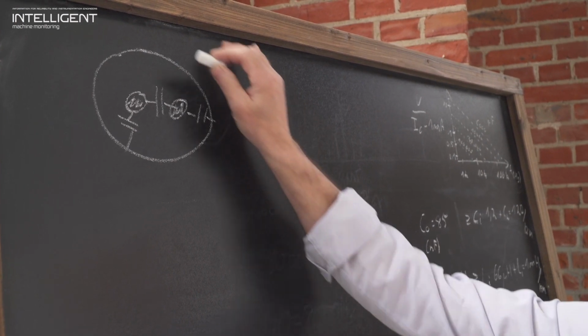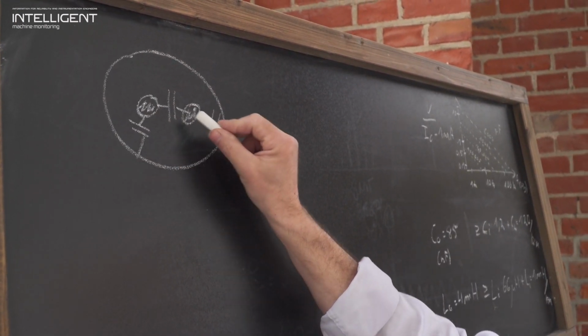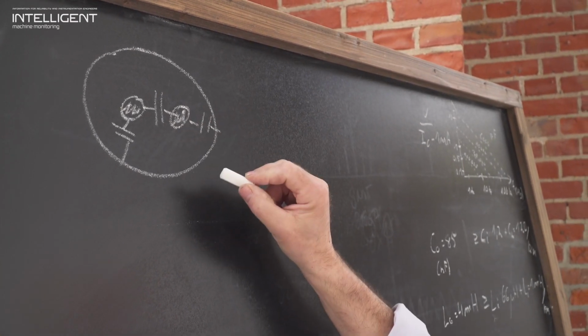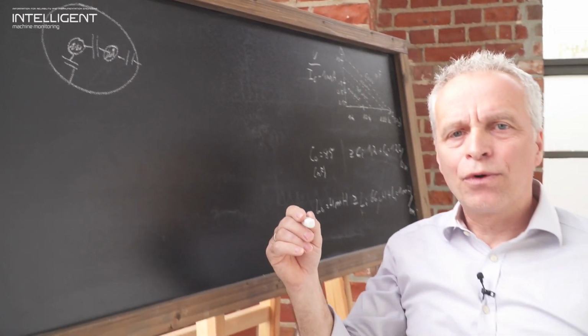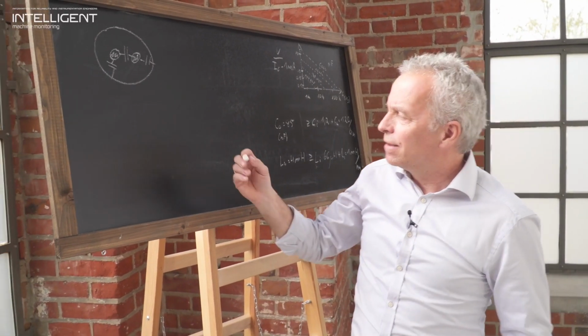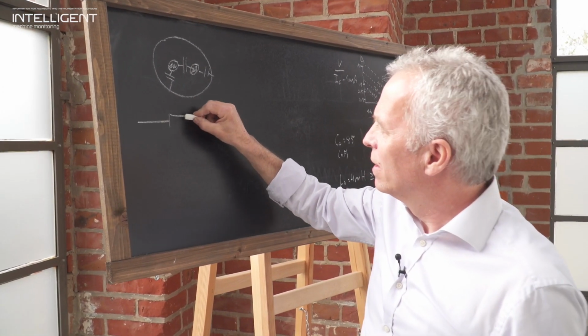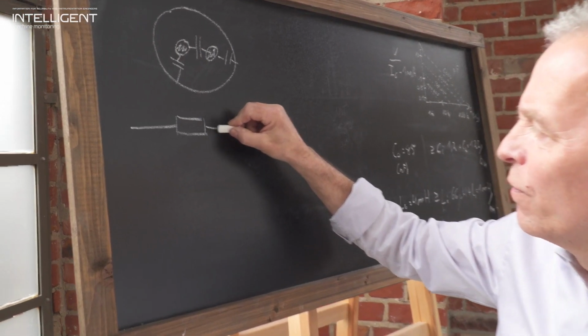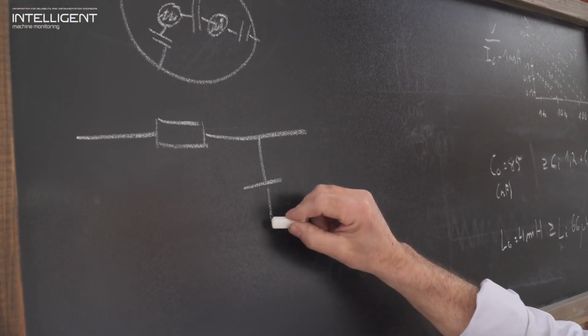So the total capacity of a cable is the sum of the capacity between the cores and the capacities between the cores and the screen. This capacitance, of course, is larger the longer the cable is, and this capacitance, together with the impedance or resistance of the input card of the sensor, builds a low-pass filter.